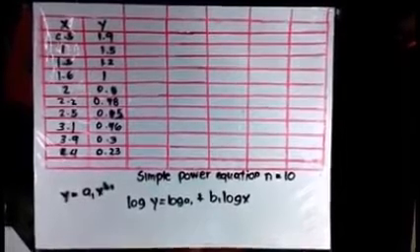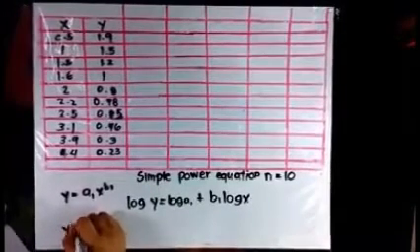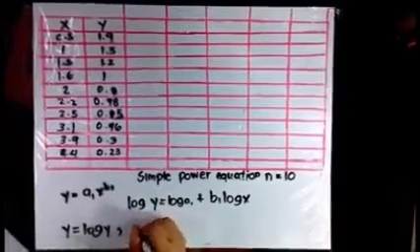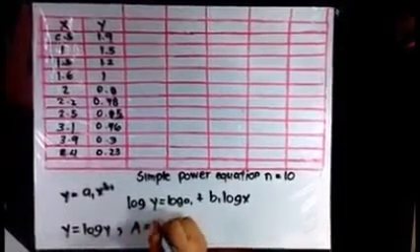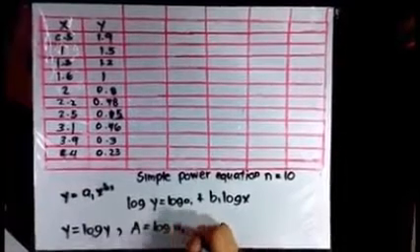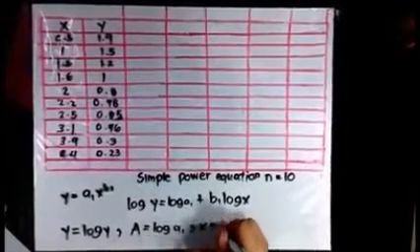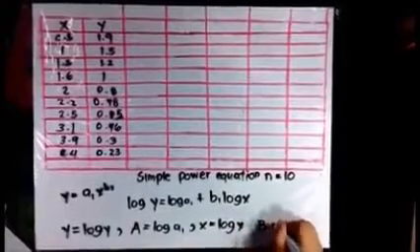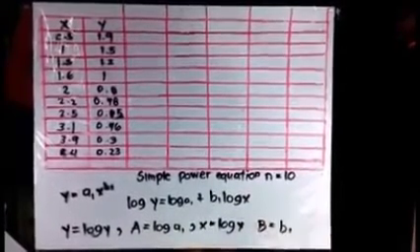For the value of y, we have y is equal to log y. Then a is equal to log a sub 1. Then x is equal to log x. Then b is equal to b sub 1.